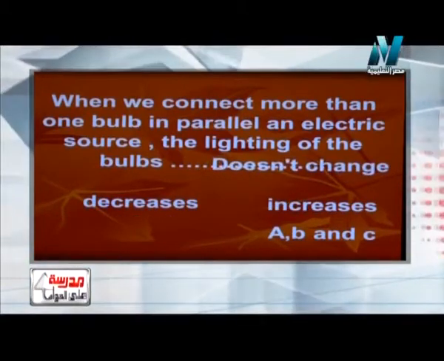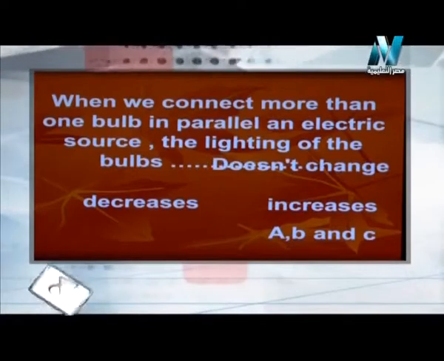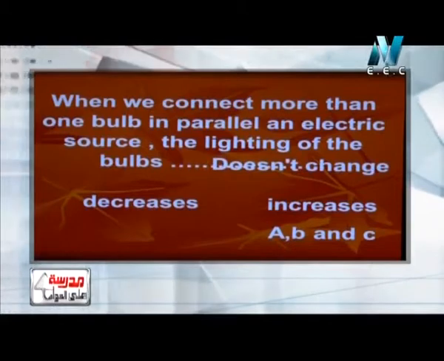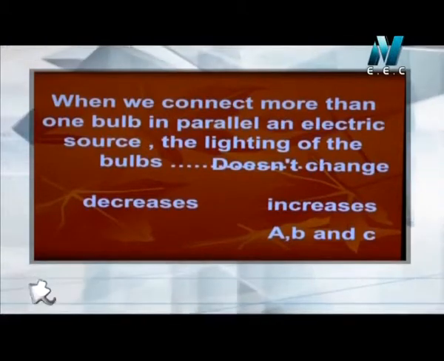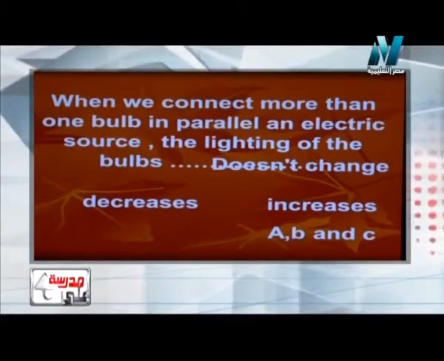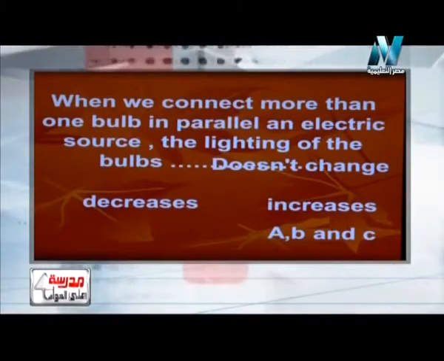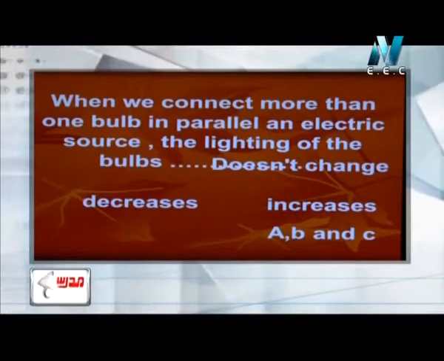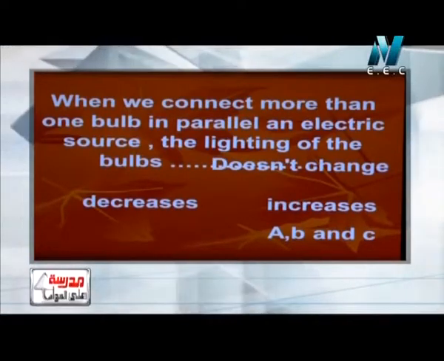What happens if I connect these lamps in series connection? Surely the lighting of the lamps will decrease in series connection, and doesn't change in parallel connection. So we must concentrate and differentiate between each type.